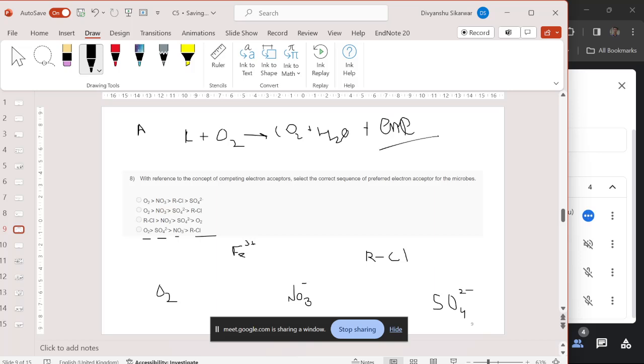The energy released during the reaction is used by microorganisms.